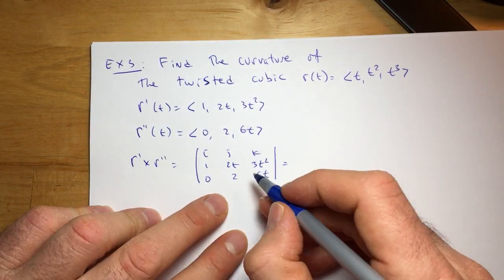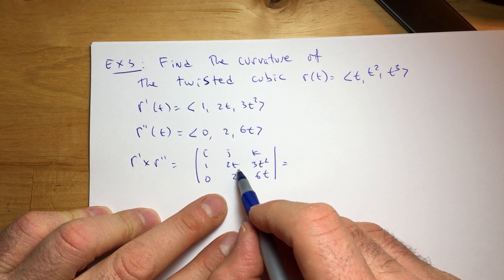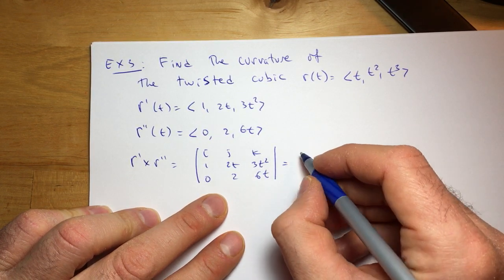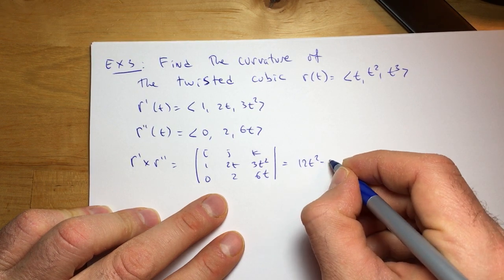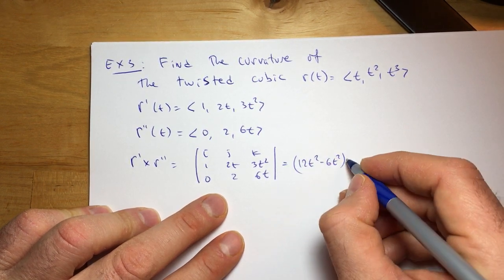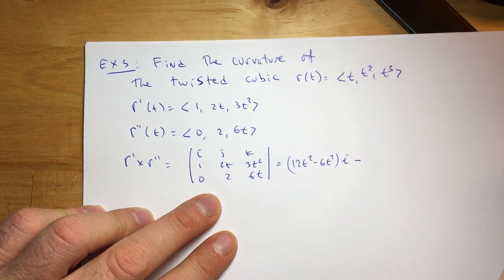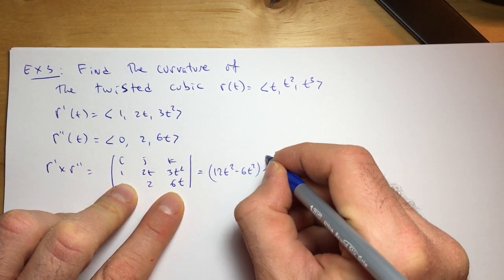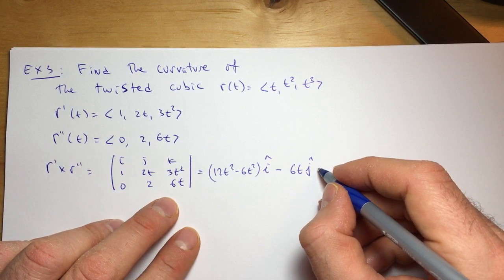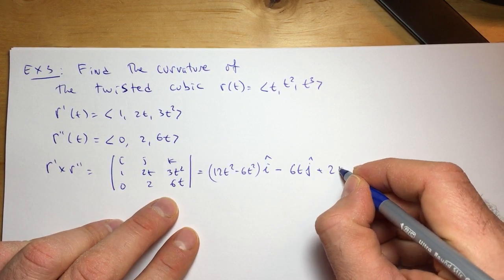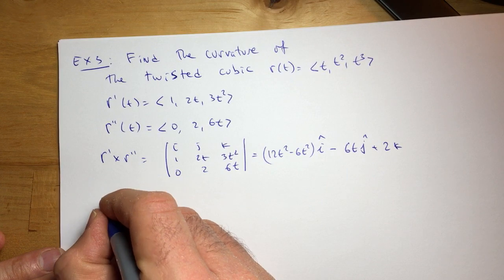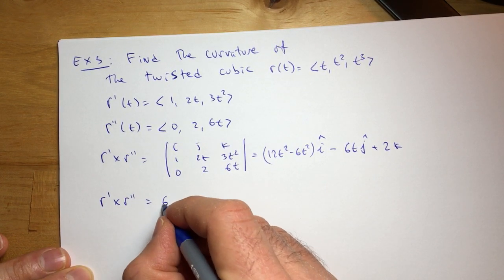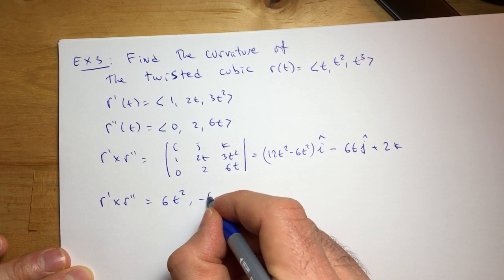is equal to 12t squared minus 6t squared i minus 6t j plus 2k, or r prime cross product r double prime is equal to (6t squared, negative 6t, 2).